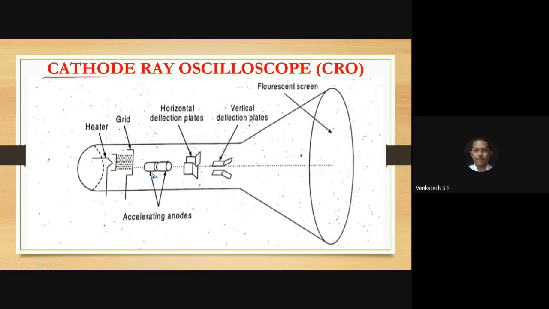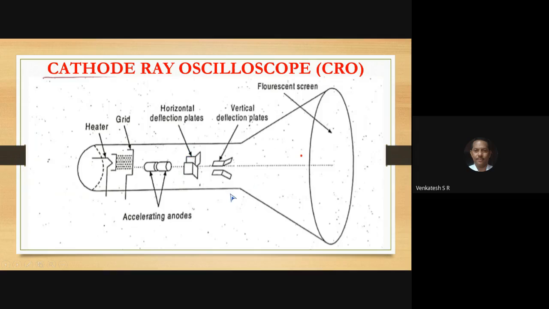Next, the accelerating anodes. The name itself indicates accelerate: they turn low intensity electrons into high intensity electrons. Any deflection of the electrons in the horizontal direction can be controlled using the horizontal deflection plates.